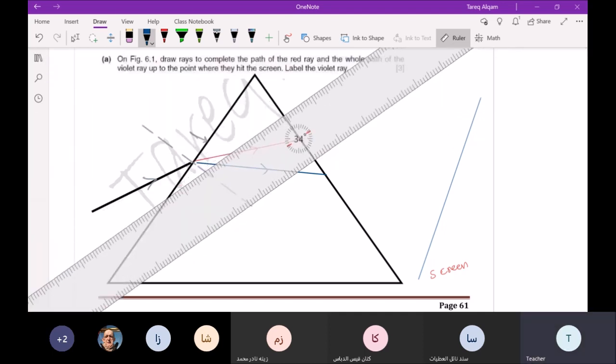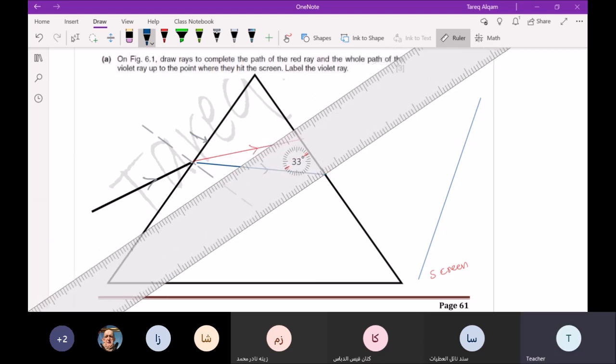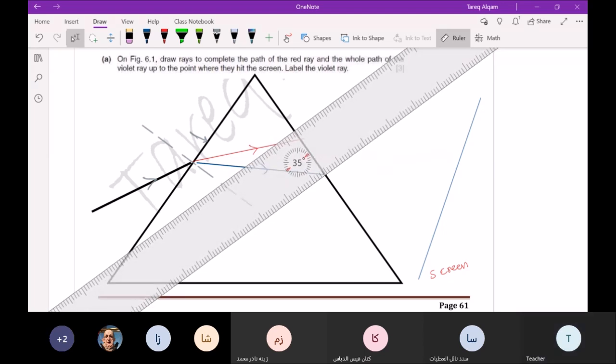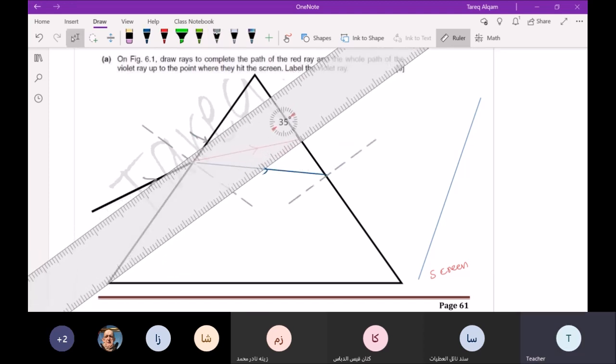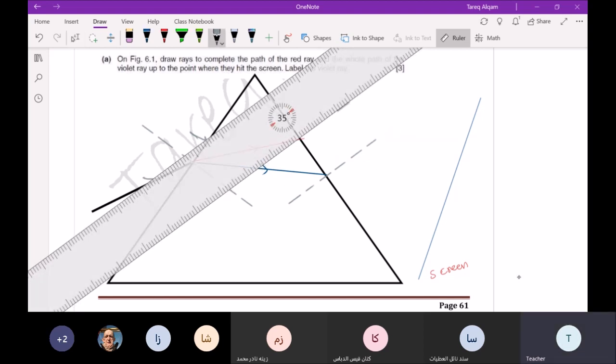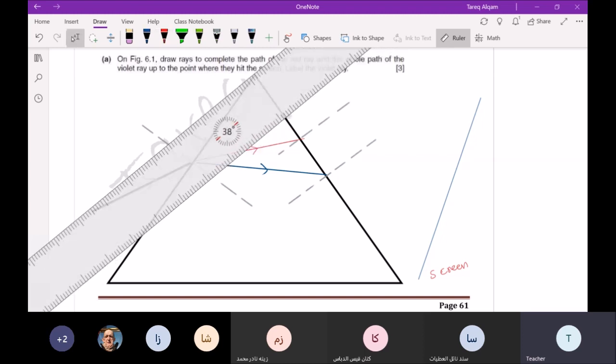Here again, I have to draw two normals because I have two points of incidence here. Another normal here. Guys, I'm showing you everything in detail. Okay, now the red and violet at this boundary, pay attention guys, pay attention.